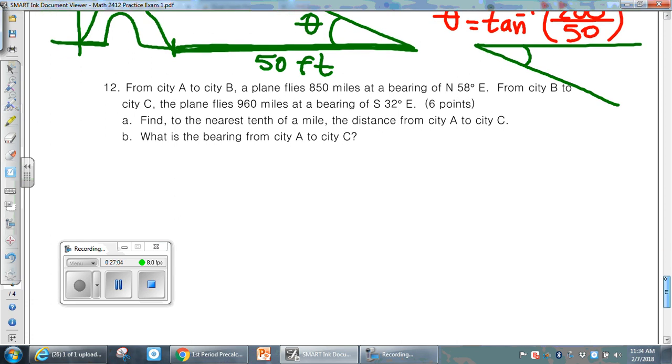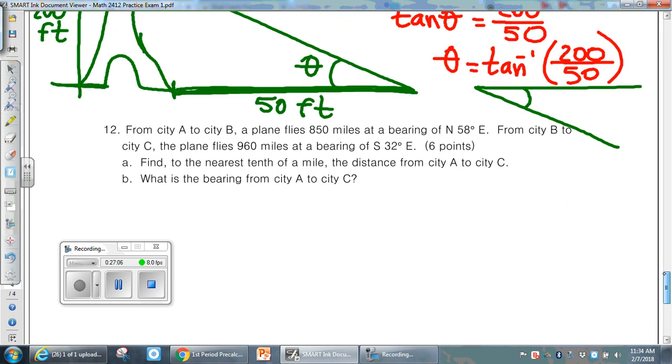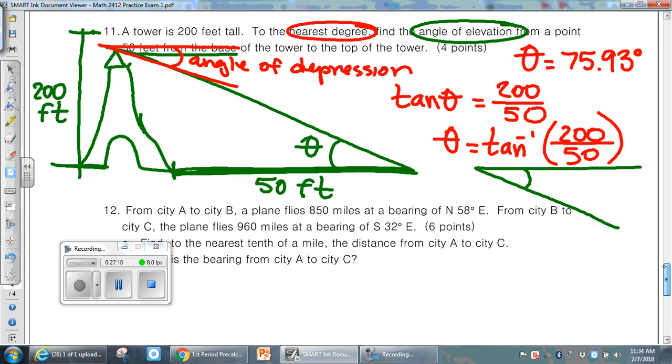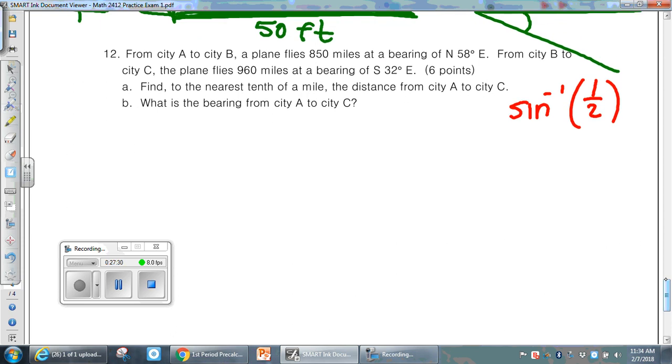If I give you a problem like that, I will probably make you use sine and one of the common angles, like 45. What if you had to get the sine inverse of 1/2? What degree has the sine positive 1/2?